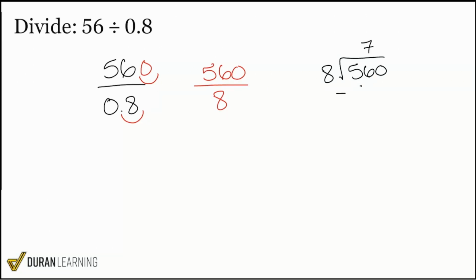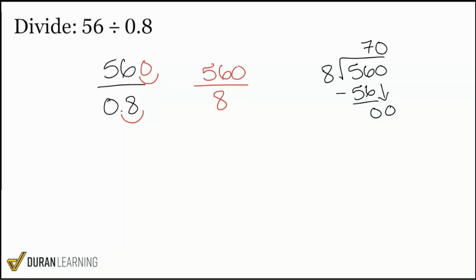And then we subtract the 56, leaving a 0. And then 8 going into 0 will just be 0. And there it is. A problem that when you look at it for the first time might make you have a little hiccup, but then when you understand your rules, it can become a lot more of a point of excitement because you know how to calculate it and you can feel confident moving forward.